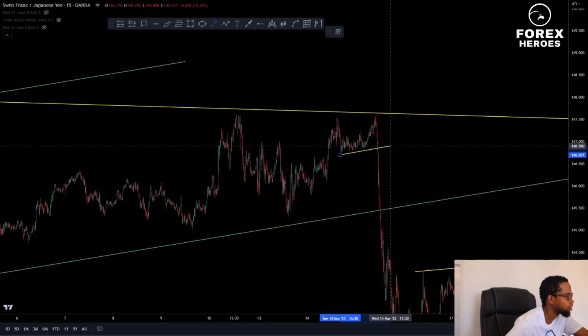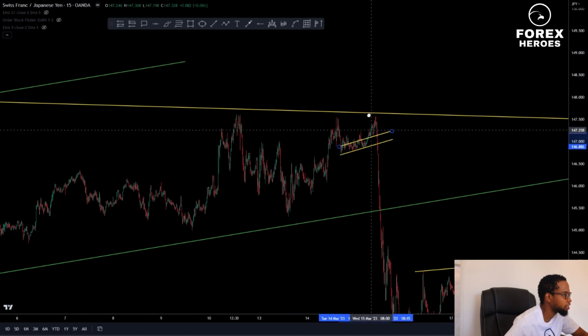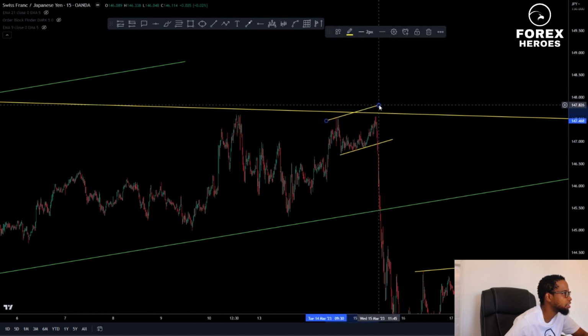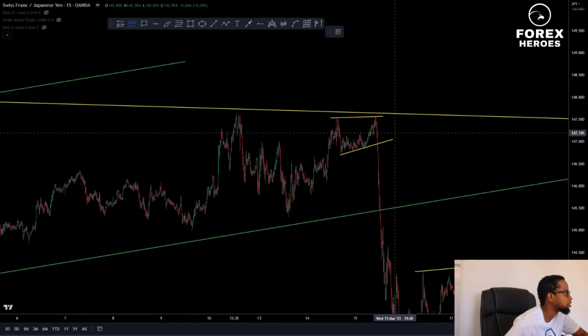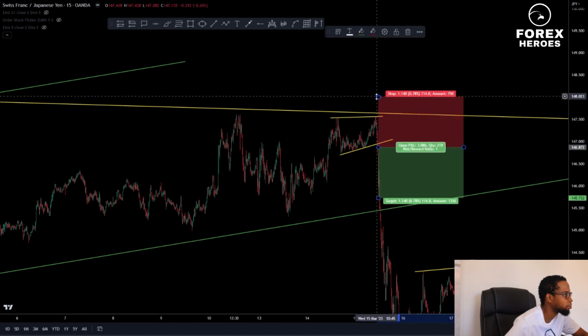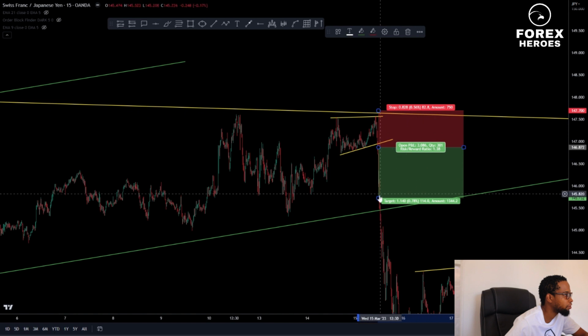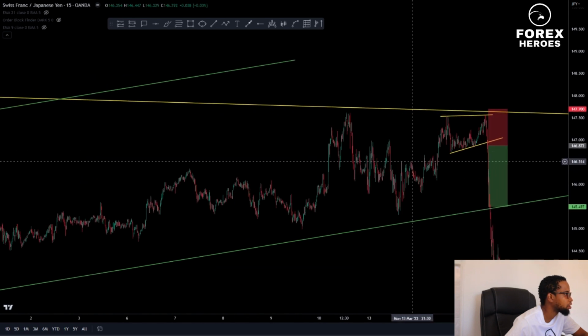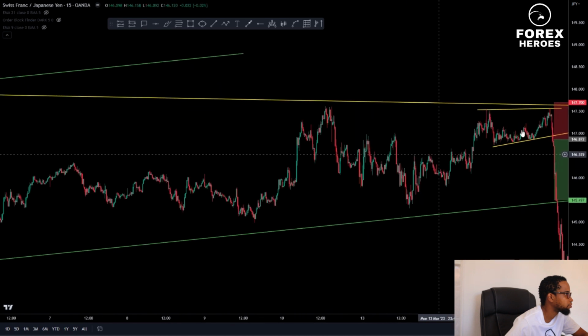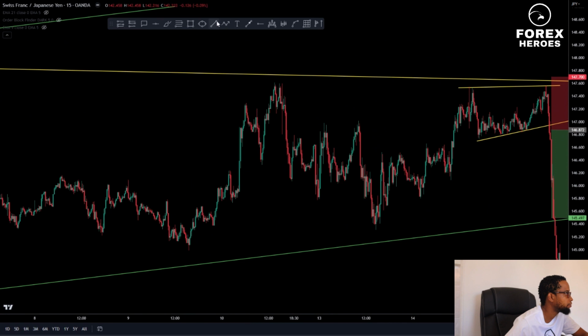Let's look now. Look what happened here. You see this one pushed here. You sell, you break, you put your stop loss above there. Okay, you can see it's a correction. So let's look at the other one.